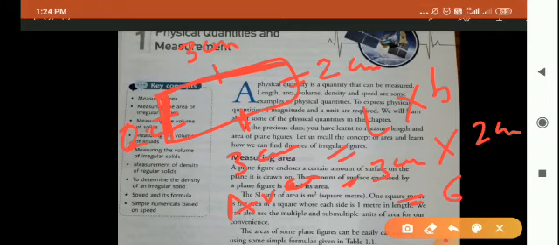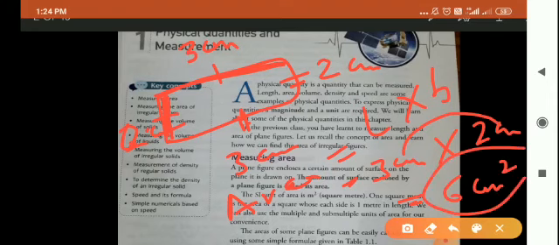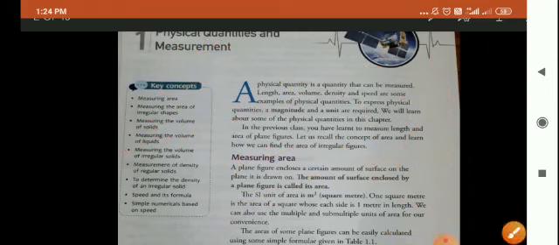And centimeter into centimeter gives centimeter square. So this is the area of your rectangle. I suppose I am clear to you. That is the reason the standard unit for area is meter square. Do remember this thing, okay children?